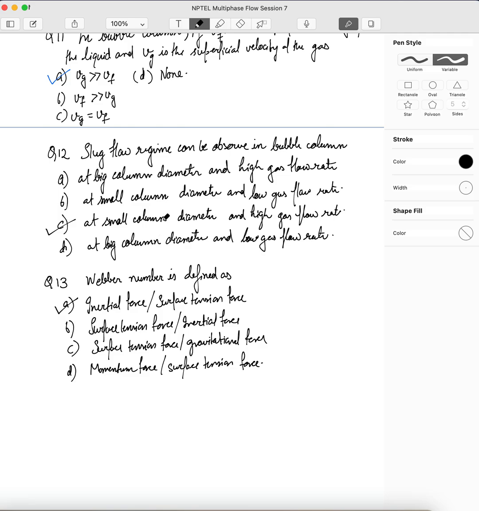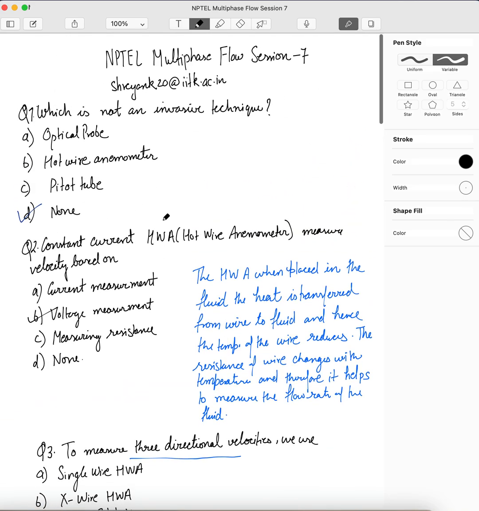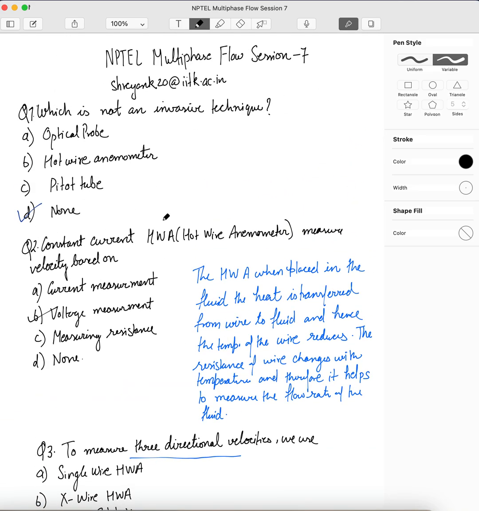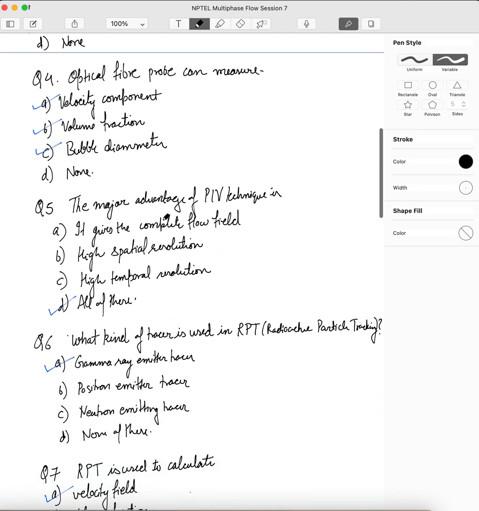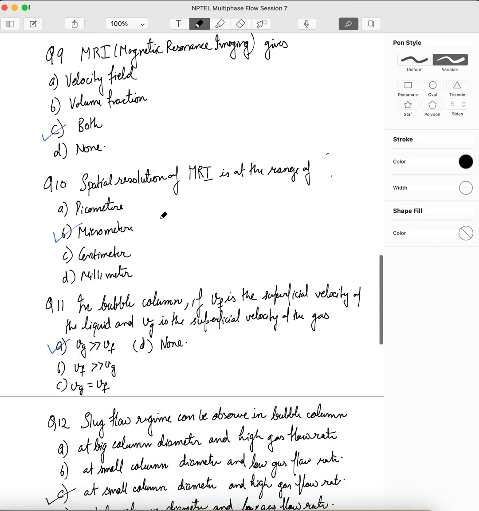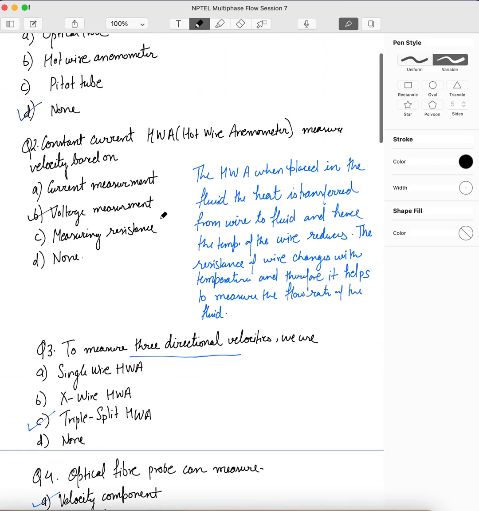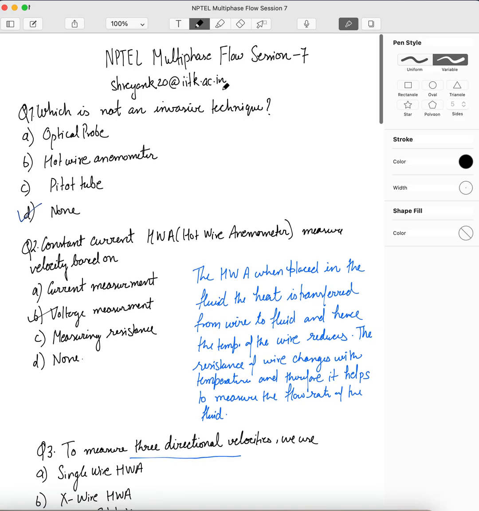So I think all of these questions are going to help you in the exam. If you have any doubt you can ask. Always mail me at shank20@itk.ac.in.